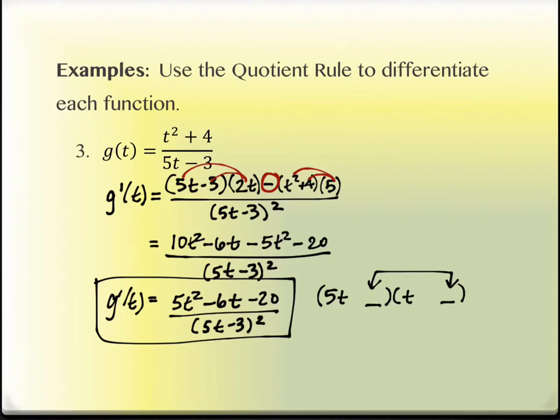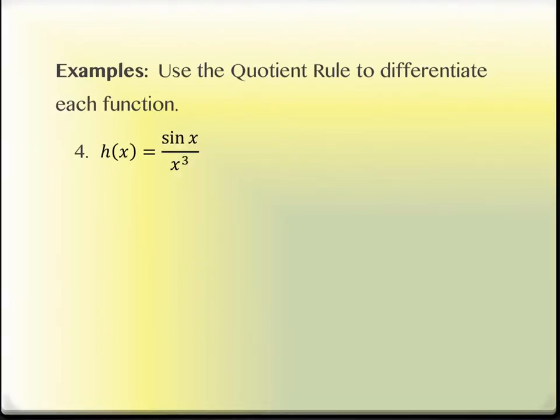All right, let's take a look at another one. This one involving trig. So we've got h prime of x. What comes first? The denominator, x cubed. And then what's the derivative of the top?